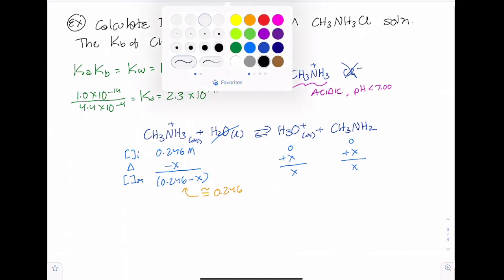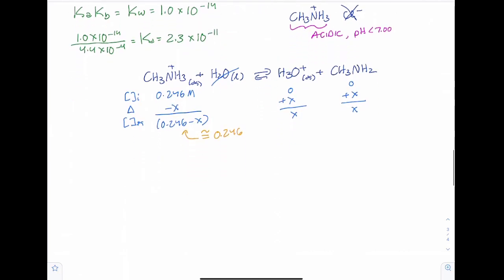So solving for x, I have my Ka is equal to the concentration of products on top, so x raised to the first power multiplied by x raised to the first power, so x times x is x squared. And then on the bottom, just 0.246, because we're making this assumption since my Ka is actually very small.